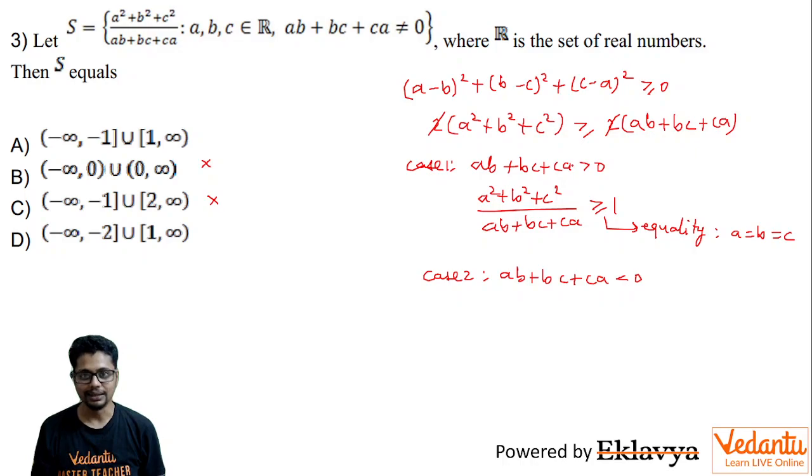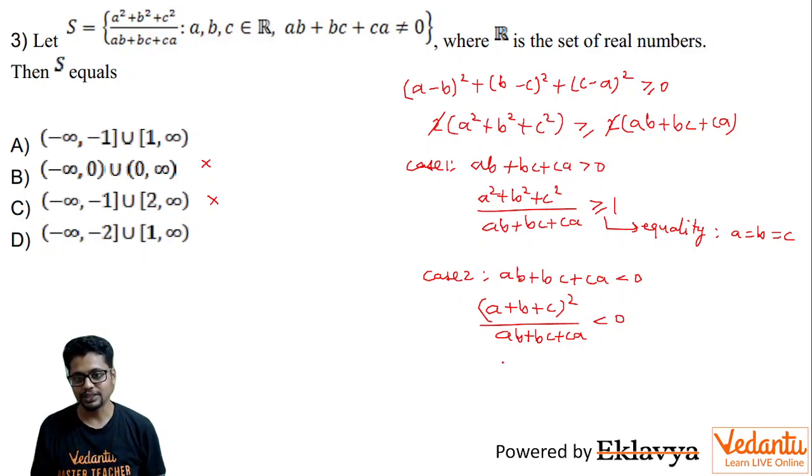But that doesn't help, because even as per the options, we need a stricter condition. So we would like to do it in some other way, and let's consider a plus b plus c whole square by ab plus bc plus ca. This will definitely be less than 0. Why? Because the numerator is definitely positive and the denominator is definitely negative, because we have made that case ab plus bc plus ca is less than 0.